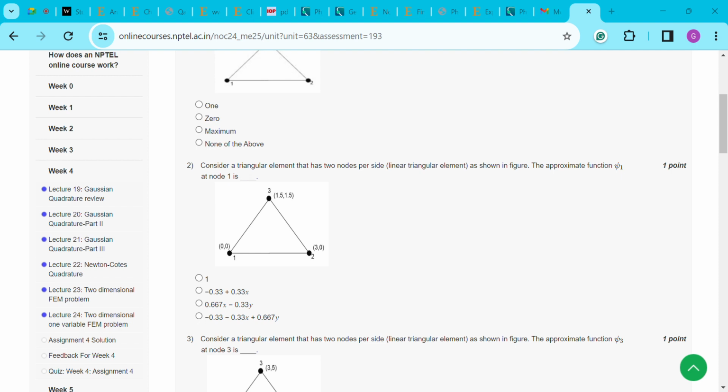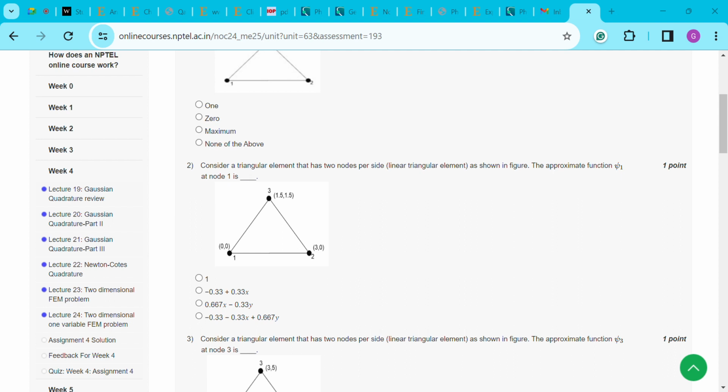But let me complete the thing, guys. The doubt goes like this: he said that because we are assuming some function and we don't know that function, there is an error.